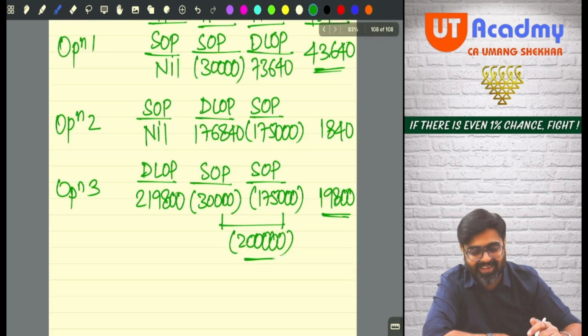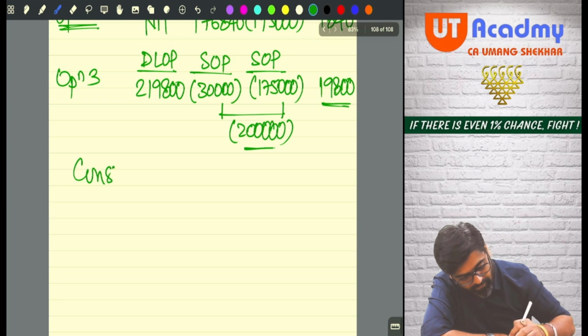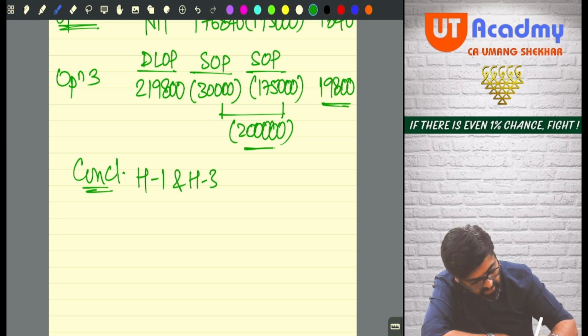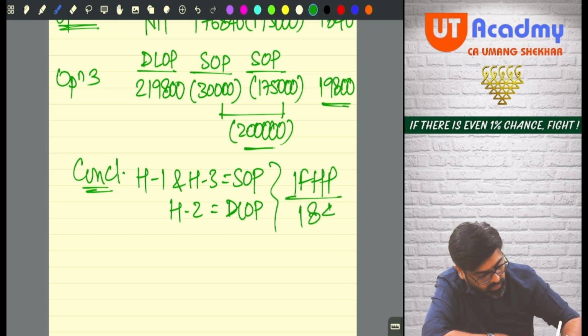Come on, tell me. Option 2 I will choose. Here conclusion will be H1 and H3 I will show as SOP and H2 I will show as DLOP. Yes or no? In that case, my taxable income from house property will be 1840.